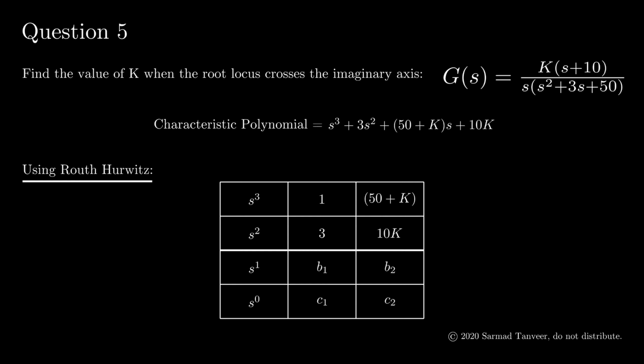This completes our first two rows. We can now move on to filling the rest of the table. For b1, we multiply a2 with a1 and subtract a3 times a0. This is all divided by a2. Substituting the relevant values, we get b1 is equal to 150 minus 7k over 3. b2 is simply 0 because the third column of our table is empty.